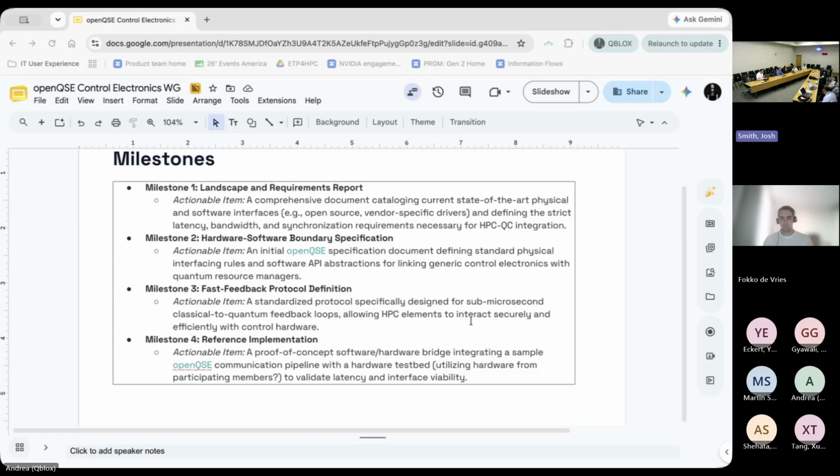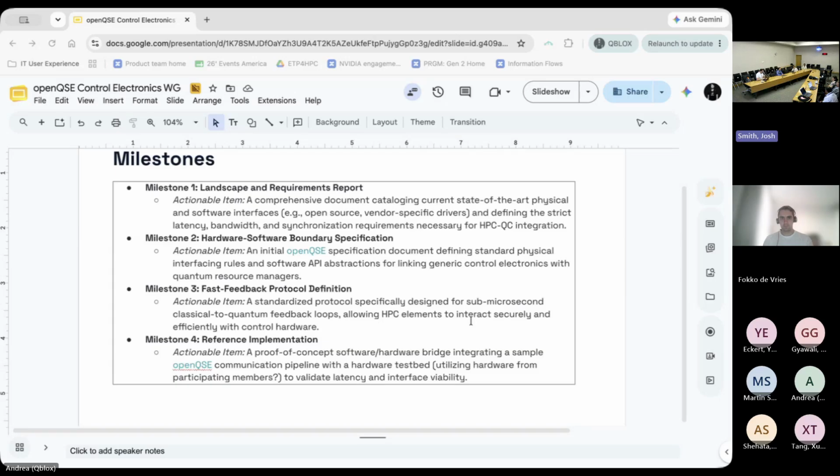I guess, since we're not in the compiler group, and maybe you were in the morning session, in terms of the interface from here up to the HPC and here up to the quantum error correction, who is defining those two within openQSE?